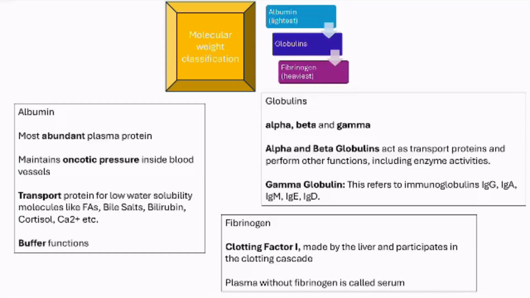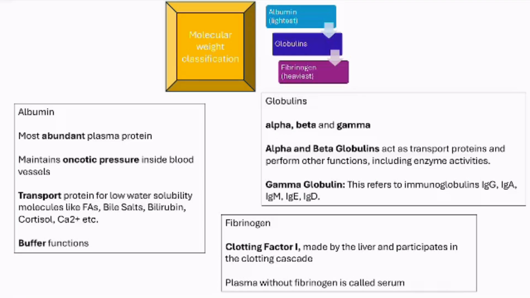Then you have globulins, which have different classes, including the alpha, beta, and gamma globulins, and the alpha and beta globulins mainly play a role as transport proteins. And then your gamma globulins, which are the immunoglobulins IgG, A, M, E, and D, are secreted by plasma cells and will help with immunity.